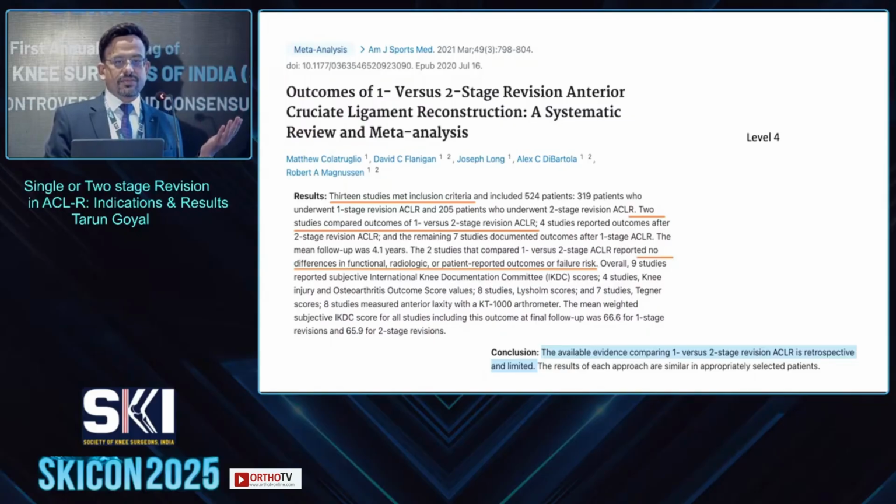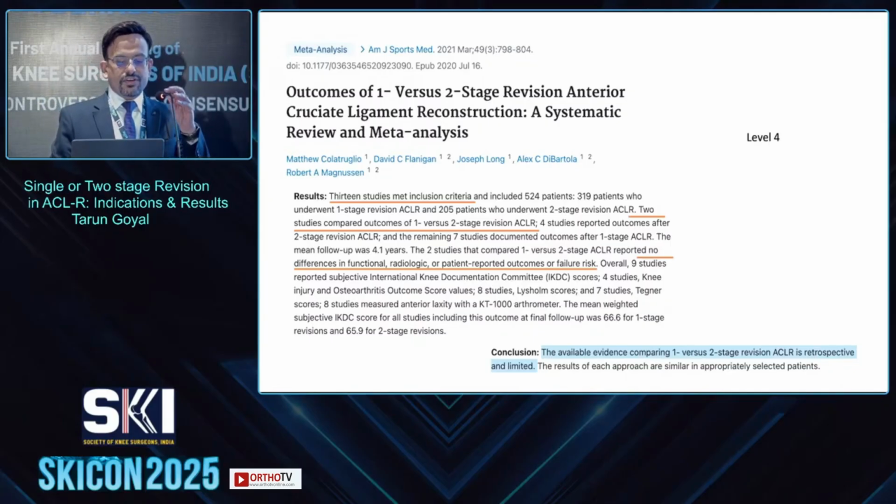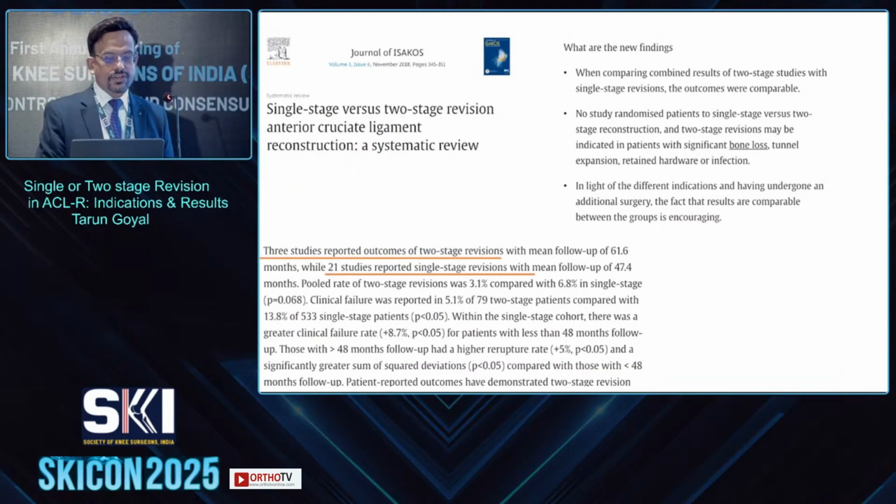In both studies, the patients underwent stage 1 or stage 2 depending upon the indication of whether it was a single stage or a 2-stage revision. There was no difference in functional, radiological or patient reported outcomes or failure risk in both the groups. So the available evidence comparing 1-stage versus 2-stage reconstruction is retrospective and limited. That was the conclusion of the review.